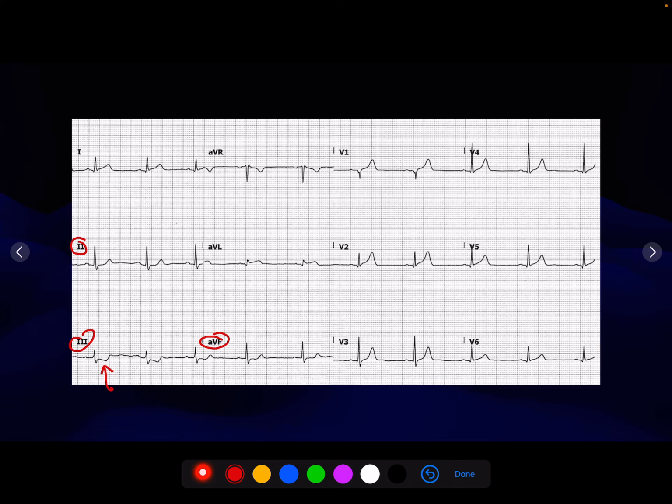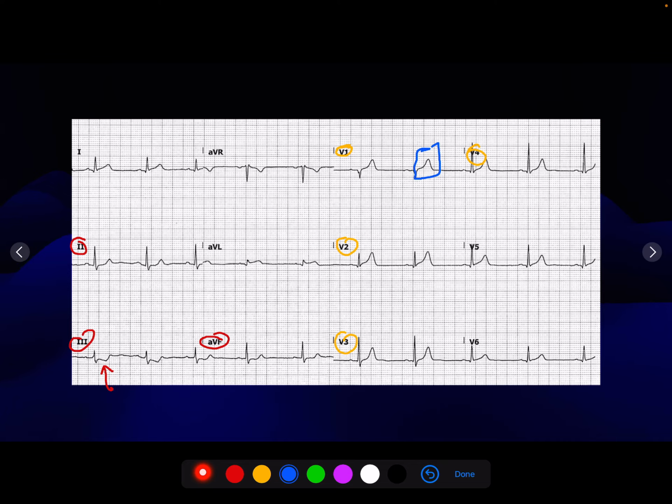All right, then let's move on to the anteroseptal leads, V1, V2, V3, and V4. And this is much more subtle than the last 12 lead ECG. And if you notice, the T wave is upright in V1, so that automatically tells me something funny is going on. I have abnormal T wave morphology because it should not be upright in V1.